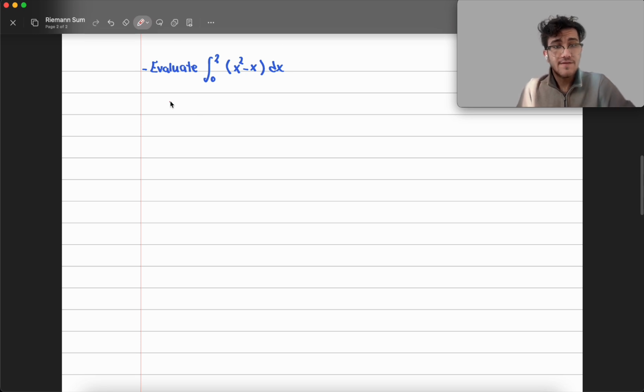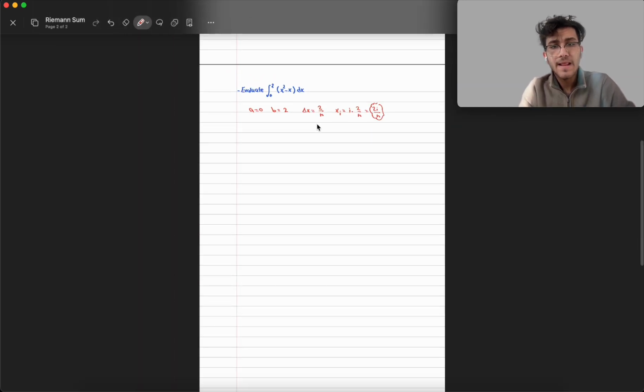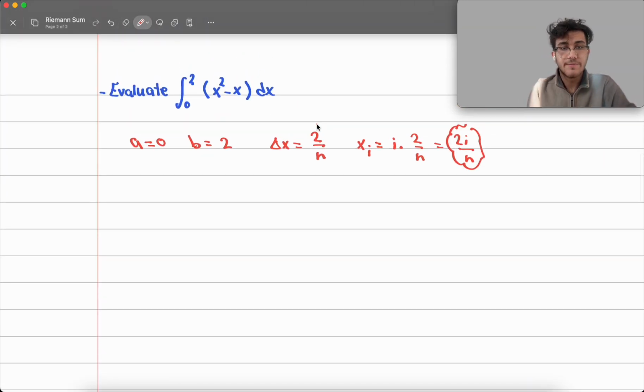Again, we have to find our a and b. So a is 0, b is 2, delta x is b minus a over n. It's going to give me 2 over n. My x sub i is going to be a, which is 0, plus i times delta x, or I can rewrite it as 2i over n. This is my x sub i. And now I have to find f of x sub i.